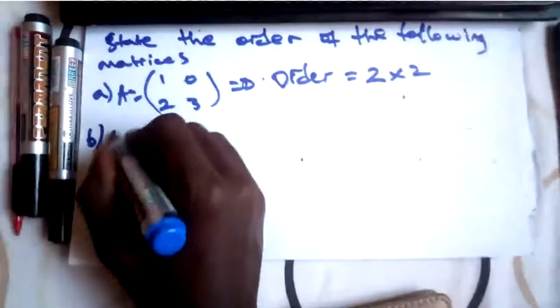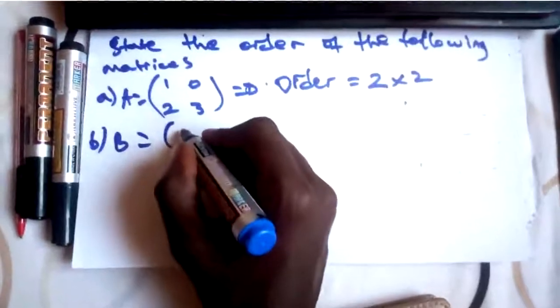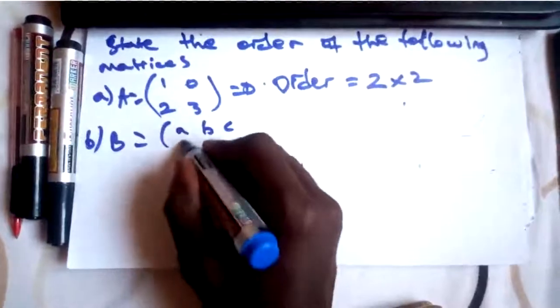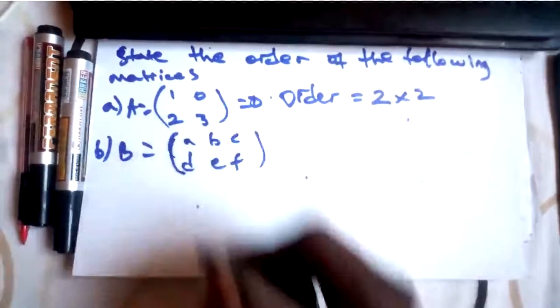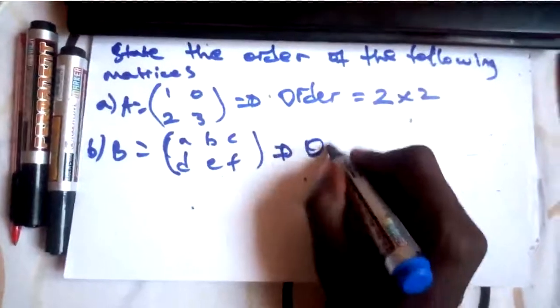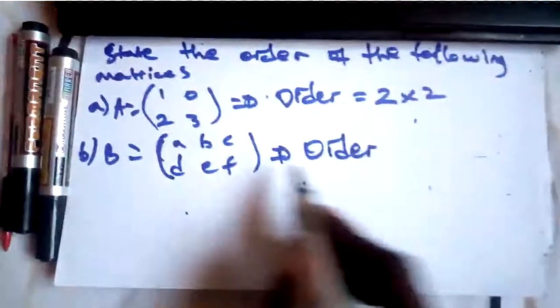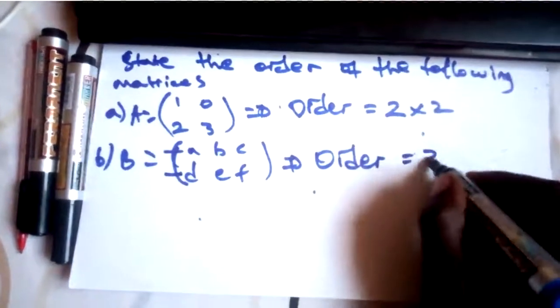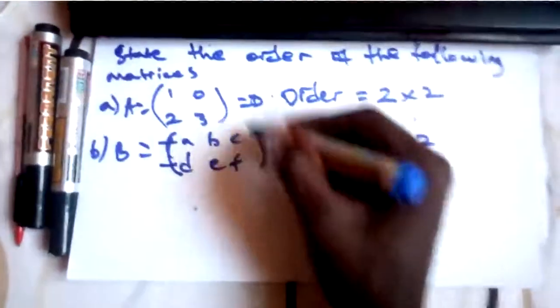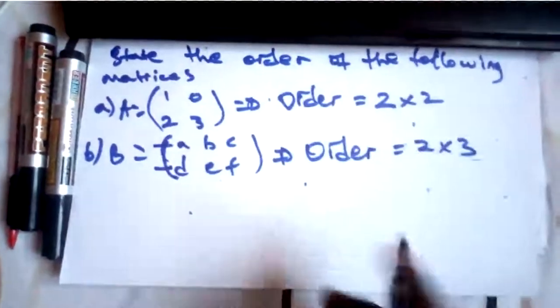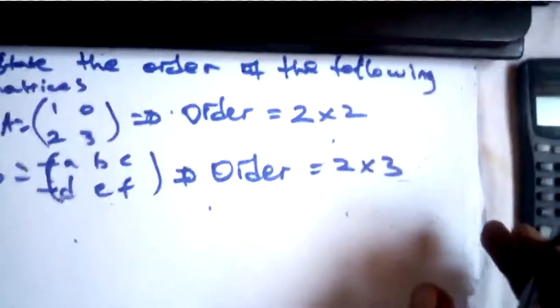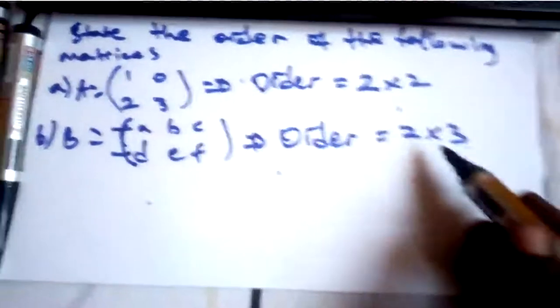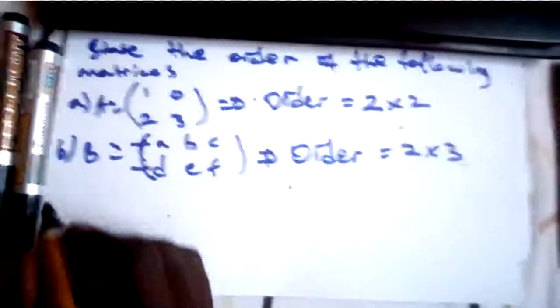Let us have another one. I have a, b, c, d, e, f. The order of this matrix: how many rows? 1, 2. How many columns? 1, 2, 3. So this is a 2 by 3 matrix, meaning that it has 2 rows and 3 columns.